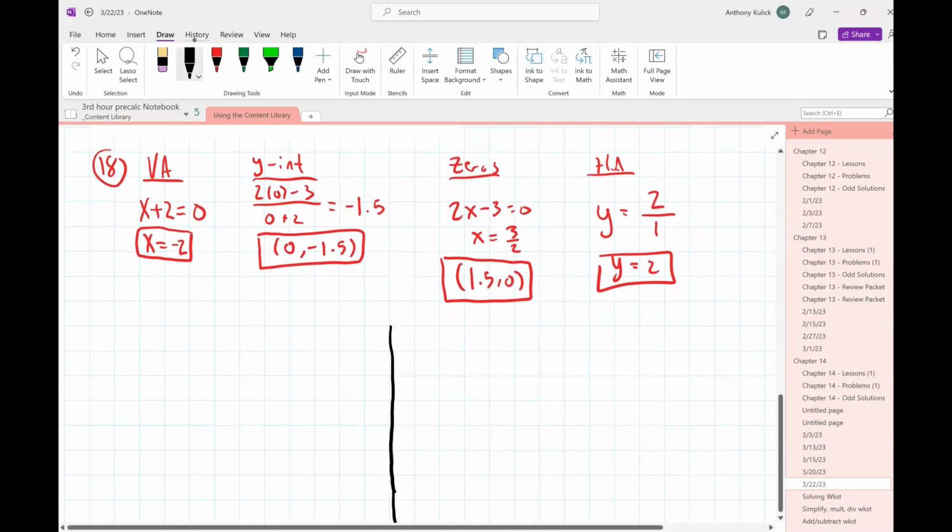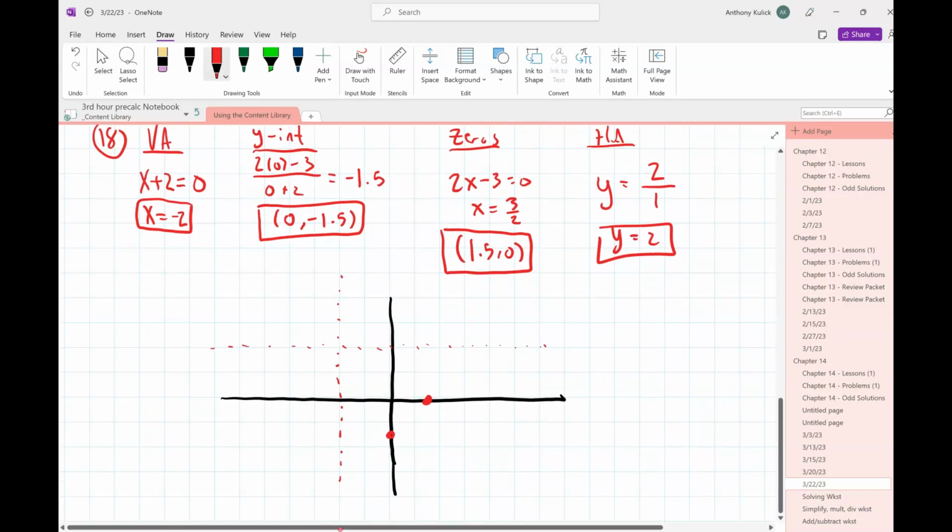So go ahead and draw a little axis here. At -2, I got my vertical asymptote. At 0, -1.5, and 1.5, I got those. And I got my horizontal asymptote here.